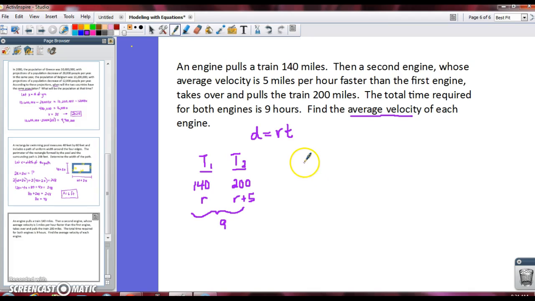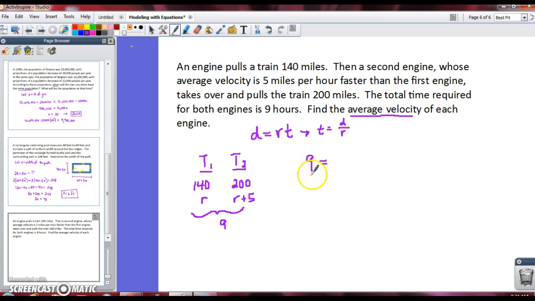I know that the total amount of time is 9 hours, and that has to be the time of the two trains together. So the time of train 1 plus the time of train 2 has to equal 9 hours. If I rewrite this equation as time is equal to distance over rate, then I can plug those in for my two trains.